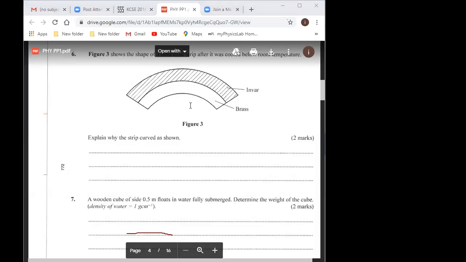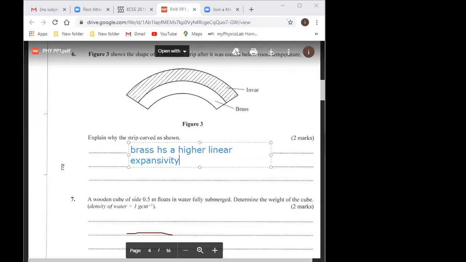Okay. First of all, this brass at this position, because it is the shorter one than invar on cooling, it means that it contracted more, meaning that brass has a higher linear expansivity. So the first mark is to state that brass has a higher linear expansivity, and that is why it is able to contract more.